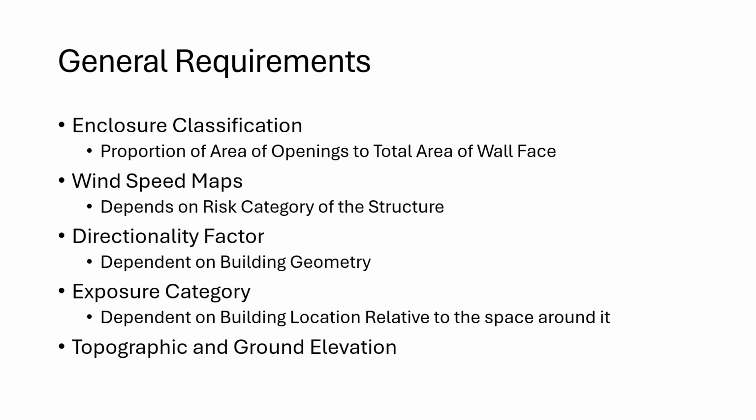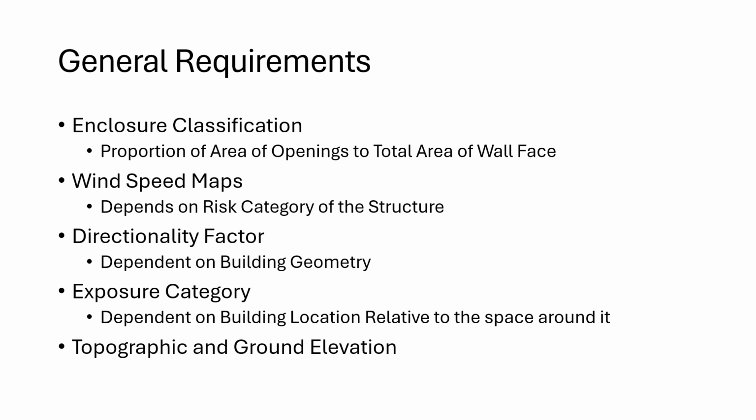The exposure category, I said it's dependent on the building location relative to the space around it. This means if you have a building with nothing around it, there's nothing to break up the wind itself, so you're going to have a different exposure category listing versus a building with a bunch of stuff or trees around it, because you're not going to get as much wind on the structure itself.